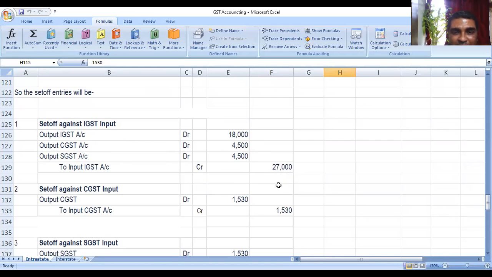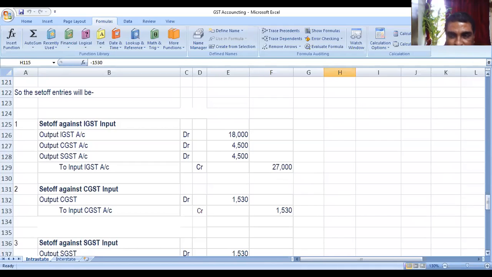Total 27,000 is used. So my entry is output IGST account debit, output CGST account debit, output SGST account debit to input IGST account. With this, my input credit of IGST got exhausted.